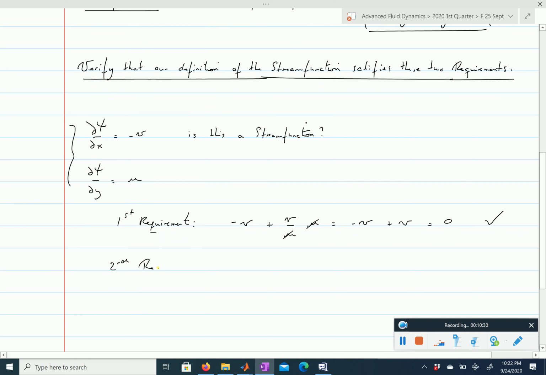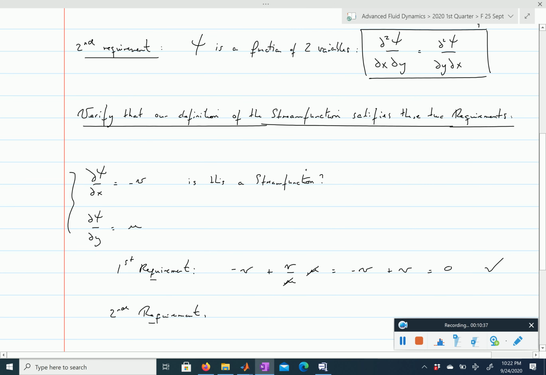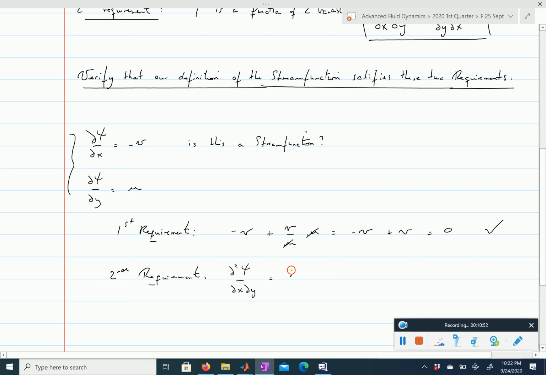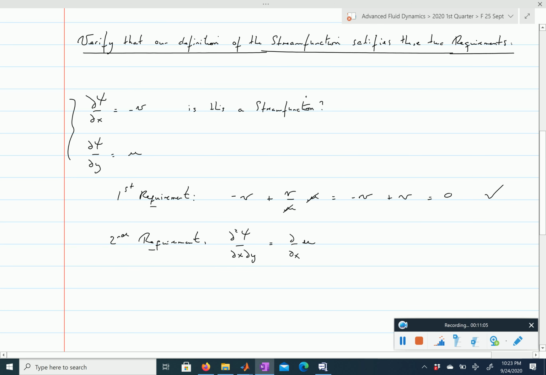Let's look at our second requirement. We need the cross derivatives to be equal. Let's start with the first one. What is partial x of partial psi partial y? Partial psi partial y is u, so this term is equal to partial u partial x.